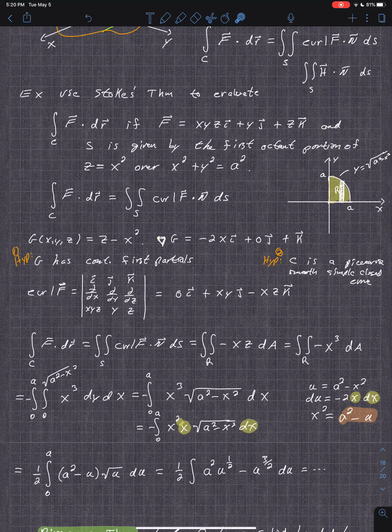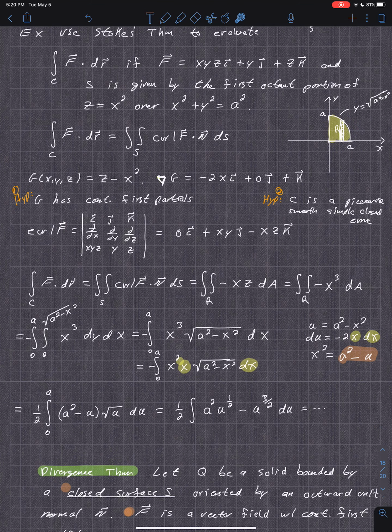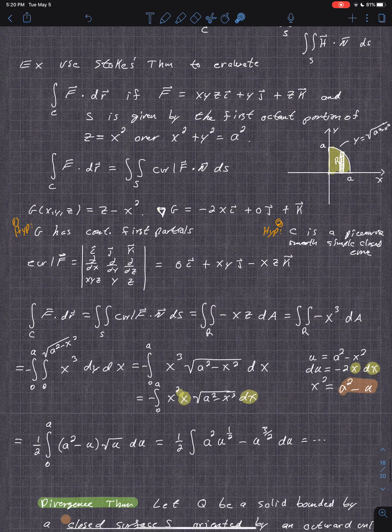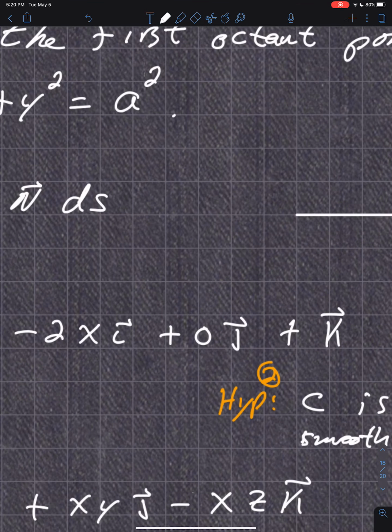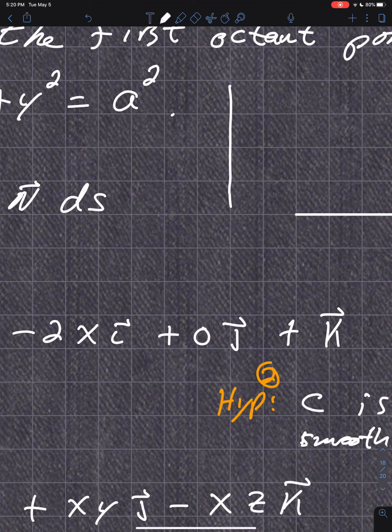So what is z equals x squared? That's basically a parabola that goes out along the y-axis, and so it's above this region. And I don't have that diagram. I guess I should have. Okay, so maybe see if I can do this over here somewhere. So in 3D, you're going to have something like this.